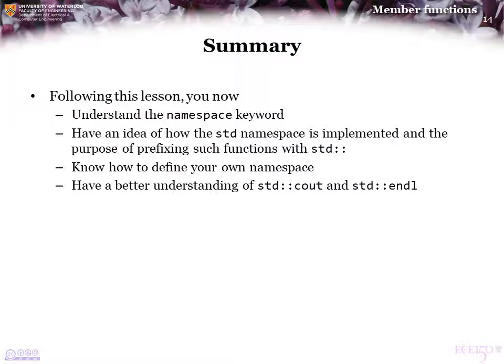You also know how to define your own namespaces, and you now have a better understanding of how std::cout and std::endl work within the context of C++ classes, and you understand that std::cout is an object, it's an instance of the std::ostream class, and std::endl is a function that takes a std::ostream object by reference and returns by reference that same object.